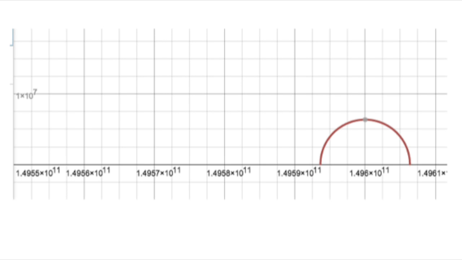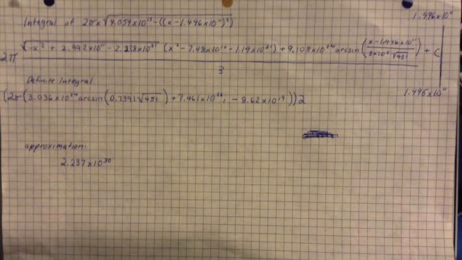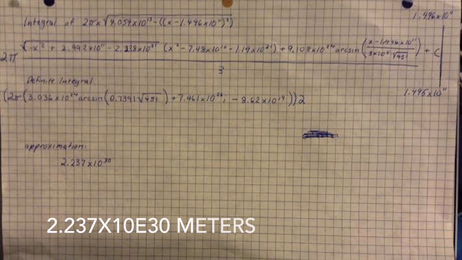To find the volume, this surface area must be integrated from Earth's closest point to the Sun to its furthest point, from x equals 1.495 times 10 to the 11th to x equals 1.496 times 10 to the 11th. The integral will look a lot like this when done out fully, and when the math is done, the approximation of the volume of the Earth's orbit around the Sun is 2.237 times 10 to the 30th.